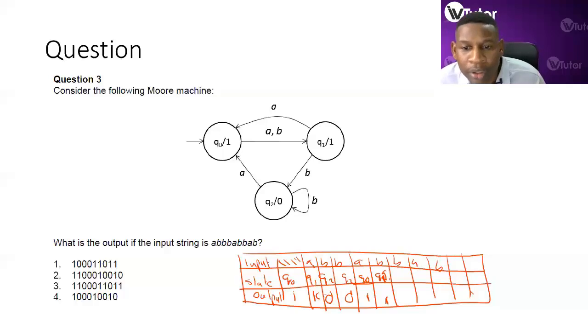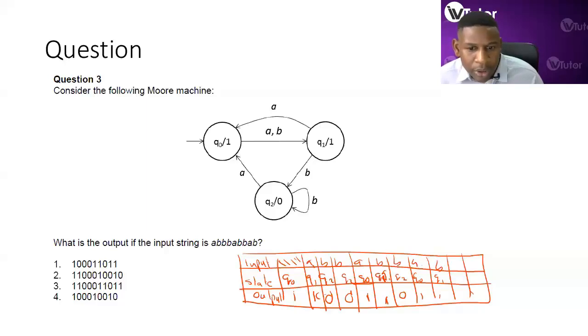From Q1, if you encounter B, you go to Q2 with a 0. And then Q2, and you encounter an A, you go to Q0 with a 1. Then B, when you encounter Q0, you go to Q1 with a 1. So you try and find the correct one. 0 0, or 1 1, 0 0, 1 1, 0, 1, 1.